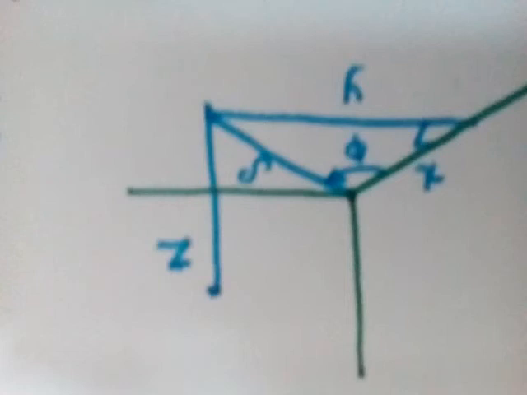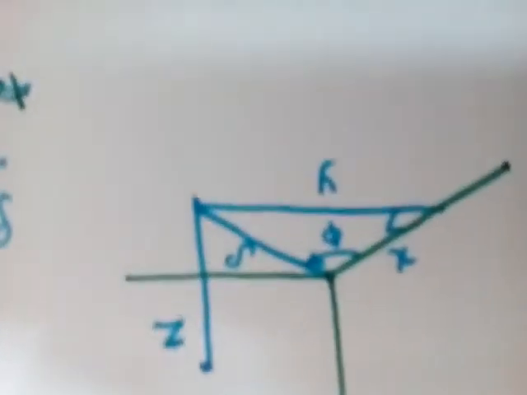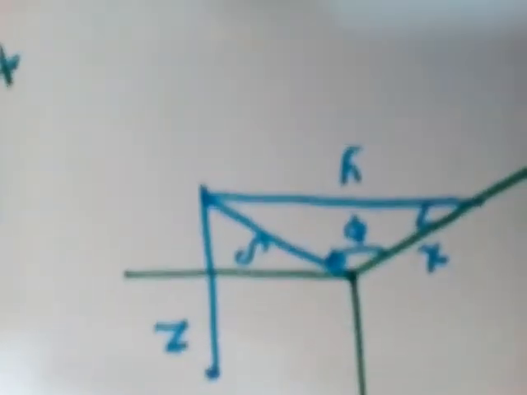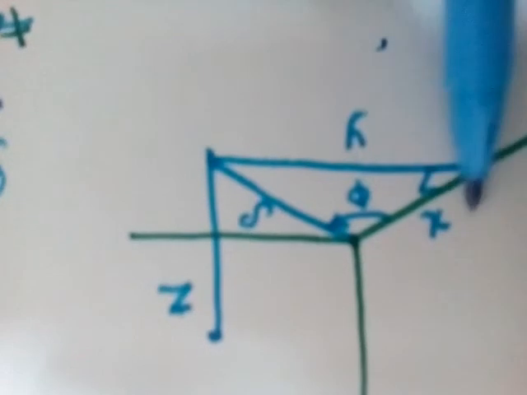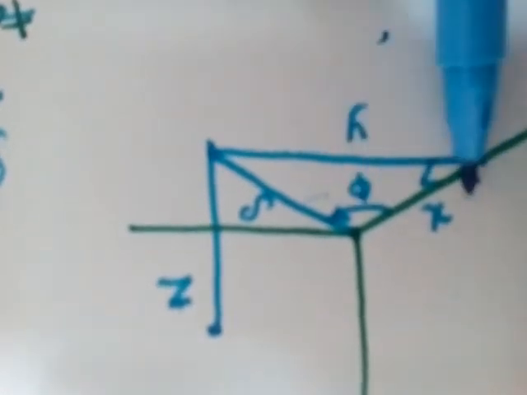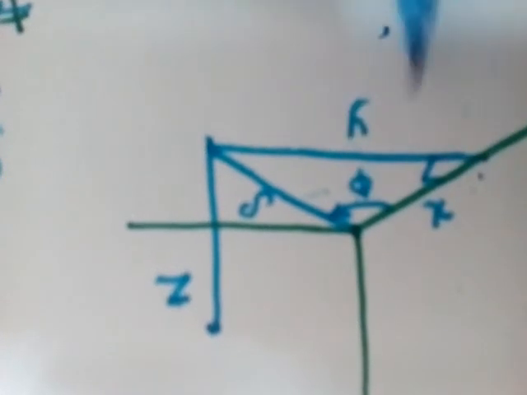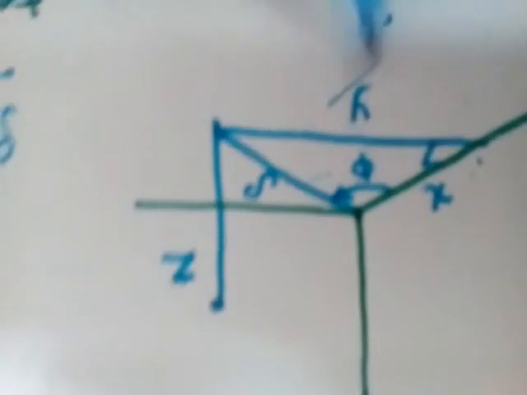So here, what's the tan? The tan of phi is going to be, I forgot to put the tan there. So tan of phi, opposite is y, adjacent is x, because the phi is touching the x, so adjacent is x. This is the hypotenuse, so we're not touching the hypotenuse anyhow.